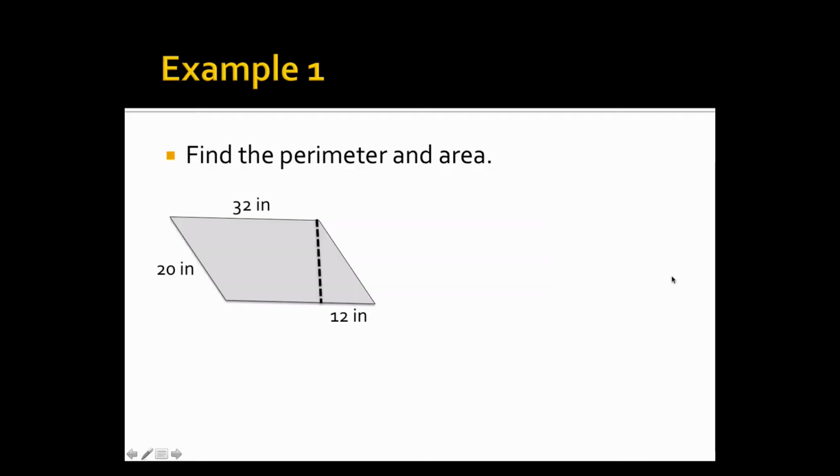So use that information to find the perimeter and the area of that gray looking parallelogram, please. And you will need your calculators, by the way.